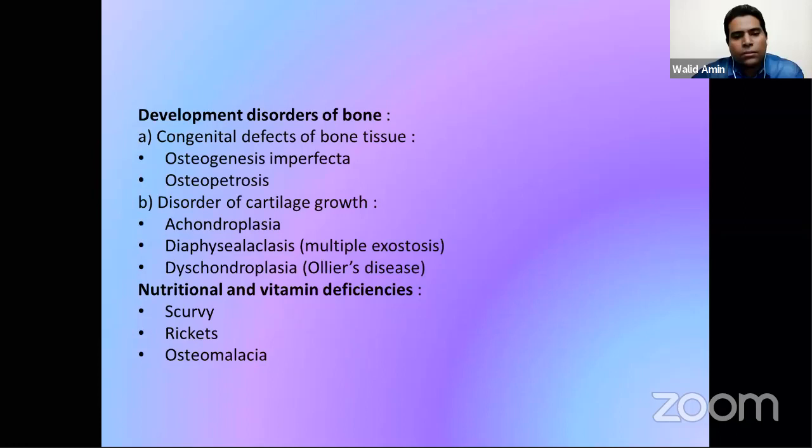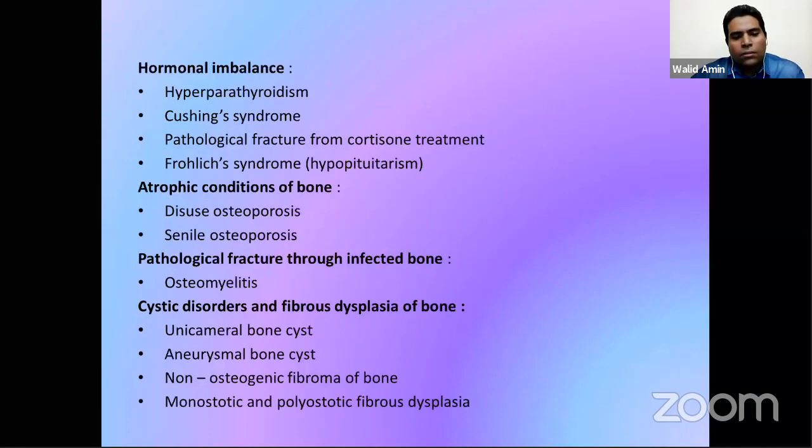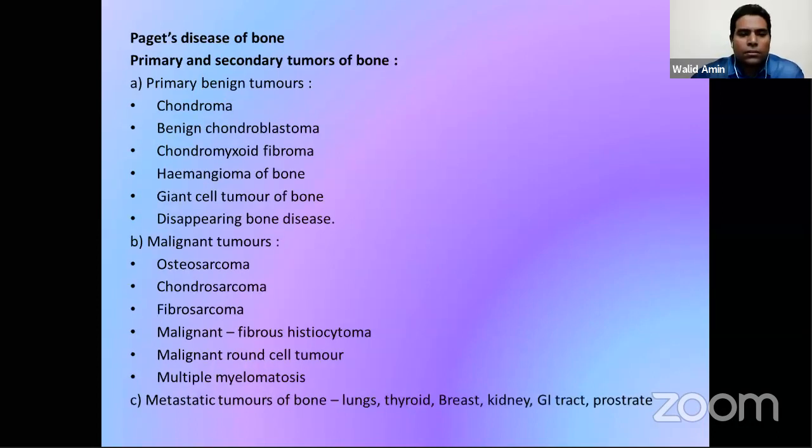It can also occur in infected bone like in osteomyelitis, or in cystic or fibrous bone disease, as mentioned before, Paget disease and primary bone tumors, and also malignant and metastatic tumors of bone. Causes can also include marrow cell disorders, parasitic disease, neurotrophic dystrophy of bone, and there's also the topic of iatrogenic pathological fracture.